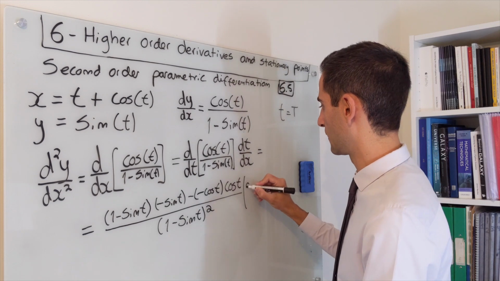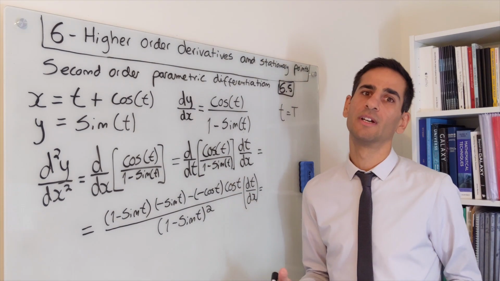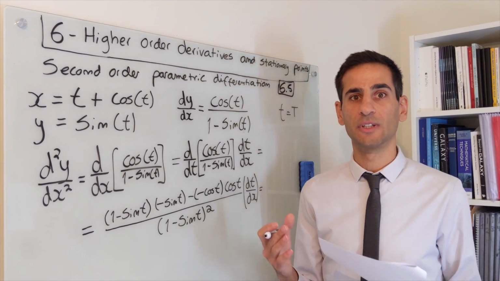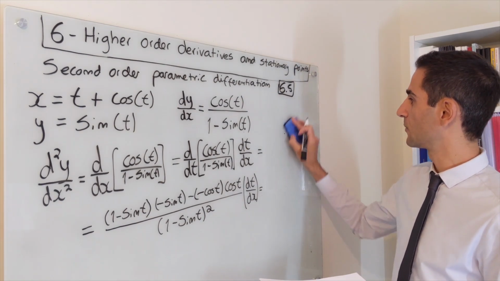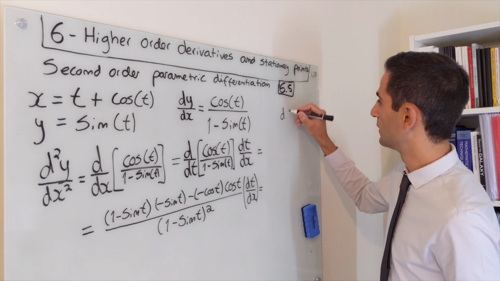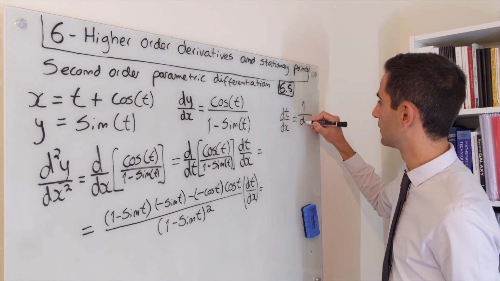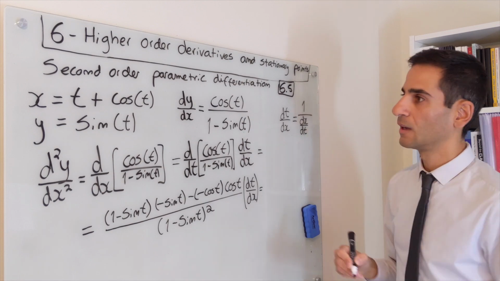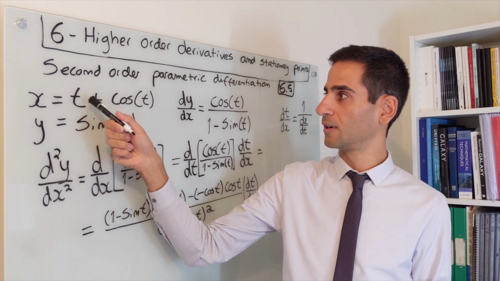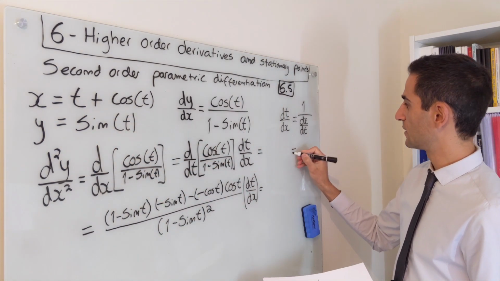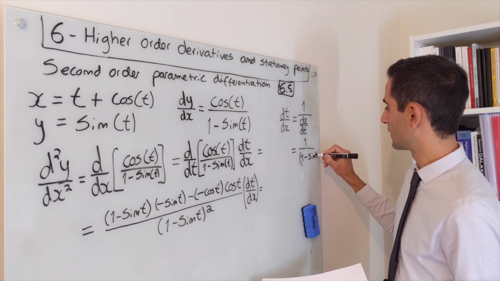And we're still multiplying by dt/dx. What we can now do is use the inversion rule, which we also talked about and introduced in section 5. The inversion rule tells us that dt/dx can be obtained essentially by getting 1 over dx/dt. And we've already calculated what dx/dt was. It was 1 minus sine t, which means this is 1 over 1 minus sine t.